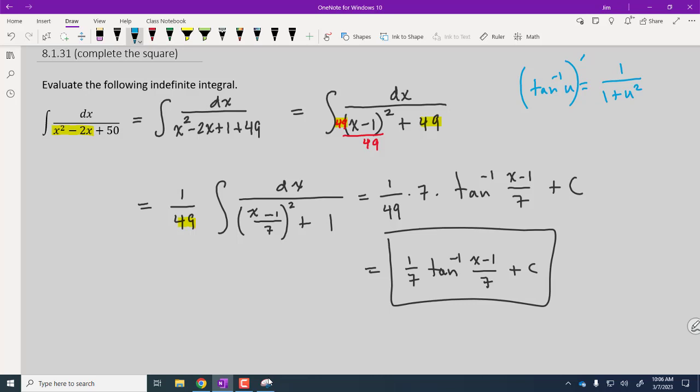Whenever you use trig sub when you could have used an immediate arctan antiderivative, you'll end up with an integral of d theta, which will be theta. That's sort of like, oh gosh, that means I could have done it directly. But trig sub will work. You would let x minus 1 over 7 be tangent.